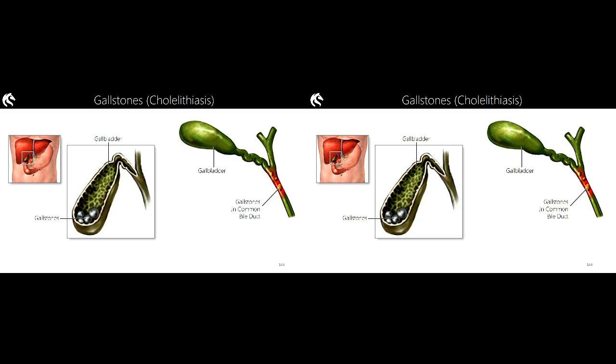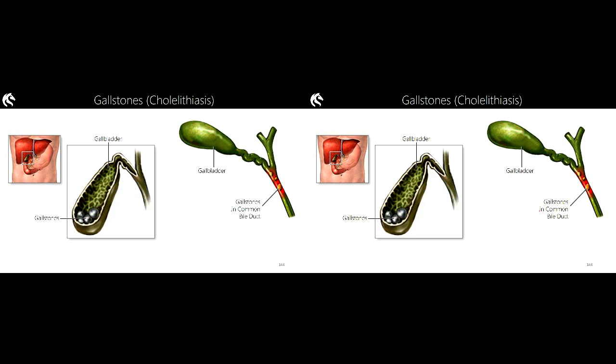Gallstones and cholelithiasis. I'm going to be talking about the nature of gallstones in a fair amount of detail here because it is something which affects quite a few patients. So here goes. First of all, anything cysto in the body refers to a bladder. You have got two bladders, your urinary bladder and your gallbladder.